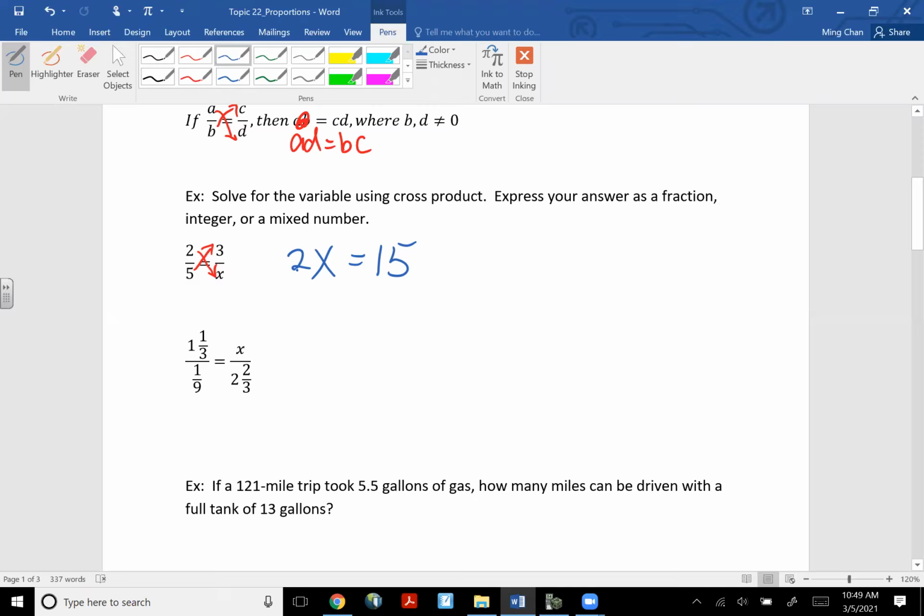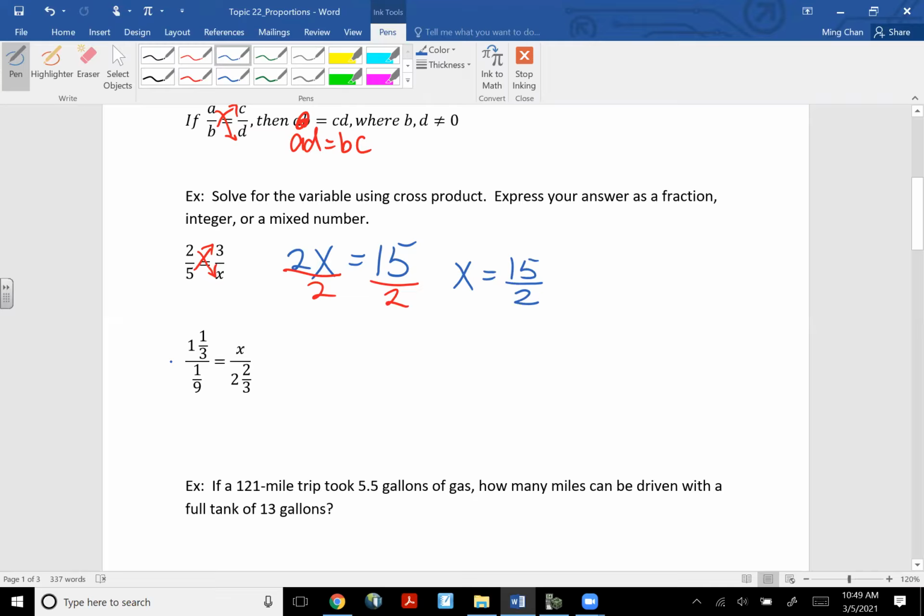X is a variable, 2 is called a coefficient. So when you see variable term on one side and another term on the other side, all you need to do now is divide both sides by the coefficient, which is 2. So my answer is simply x equals 15 over 2. That's all it is. Okay.